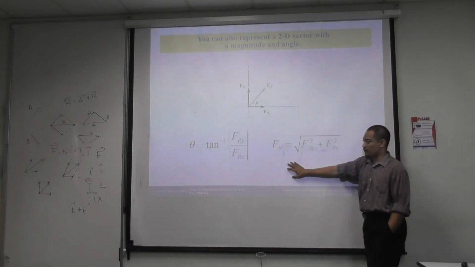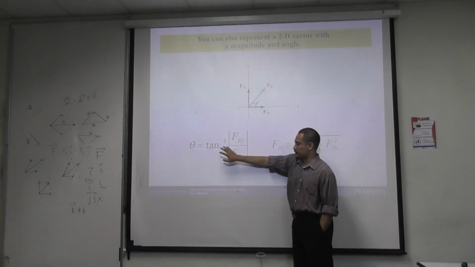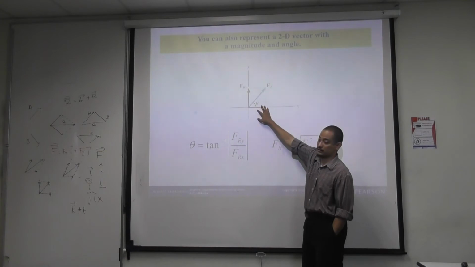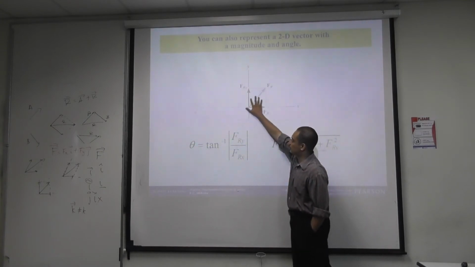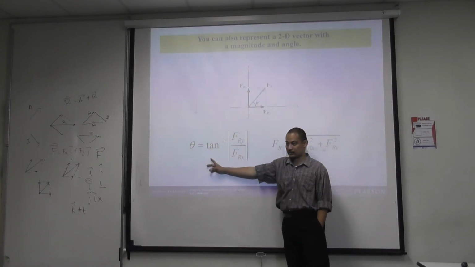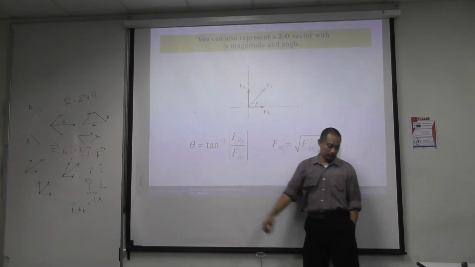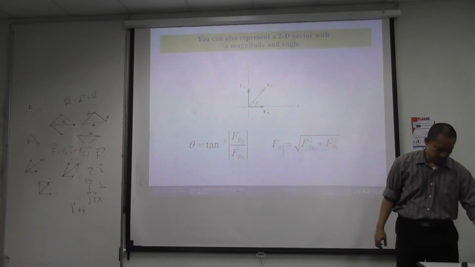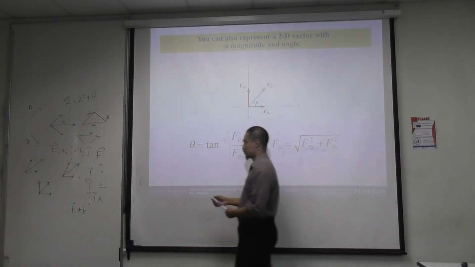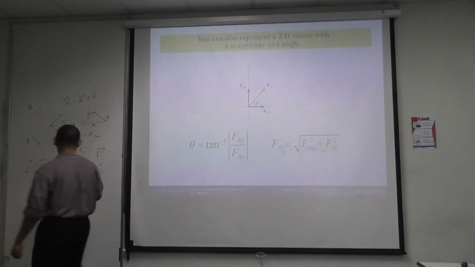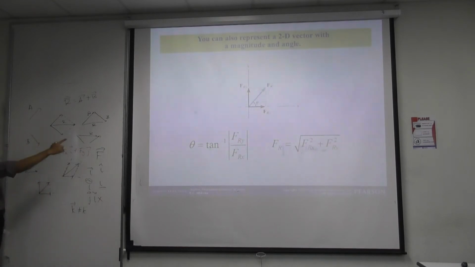The answer is only complete if the theta is clearly shown. If the diagram is not shown, it's not clear where theta is, right? It can be quadrant 1, 2, 3, 4. That's why some students who refer to the solution see that when the diagram is not drawn, they show something like this to indicate it's this angle, not that angle.